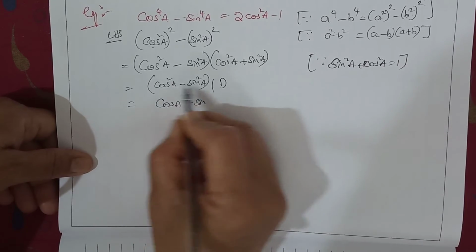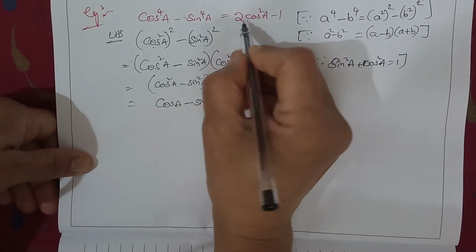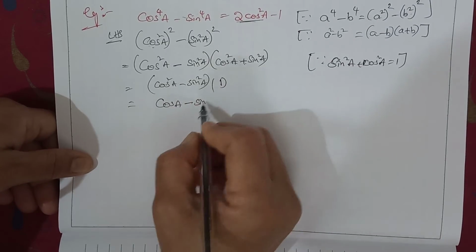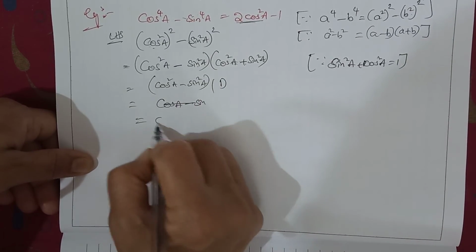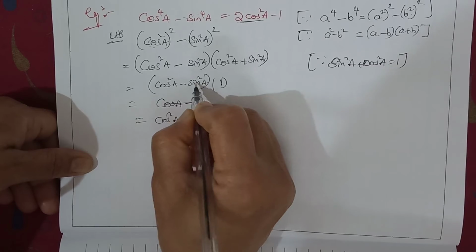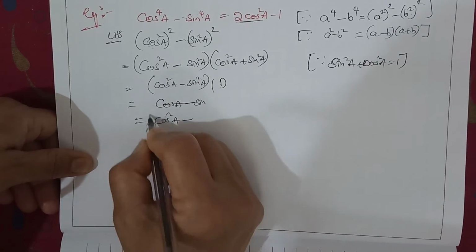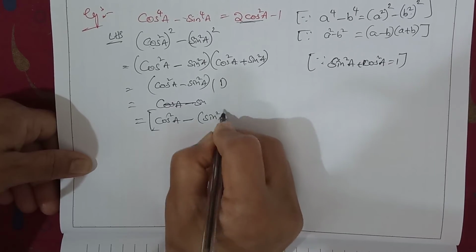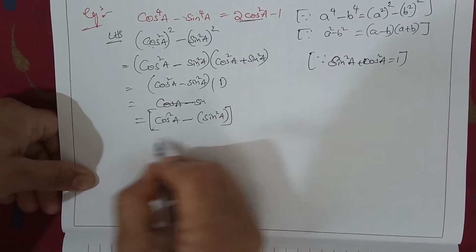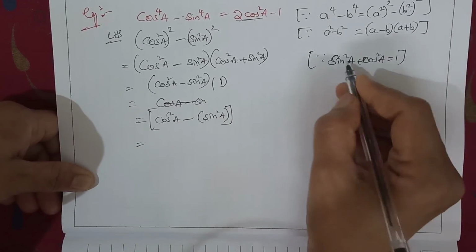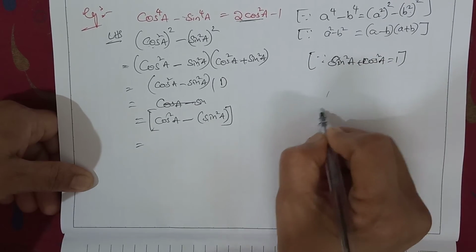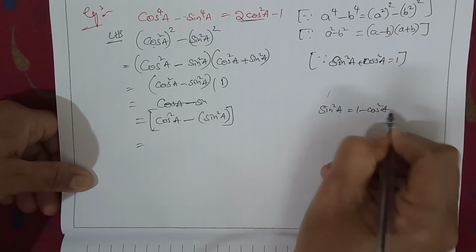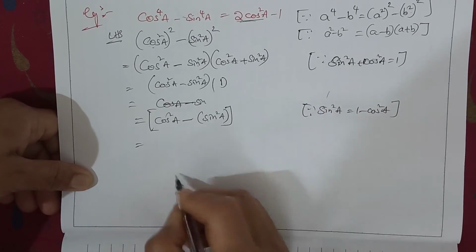Now we will do one thing: according to the RHS, we have to convert the solution. So cos square A minus sin square A, this I am writing in the square bracket, and sin square A I want to put in an open bracket. Now I will apply the sin square formula. From this we get sin square A is equal to what? 1 minus cos square A, correct? This one also I explained to you.